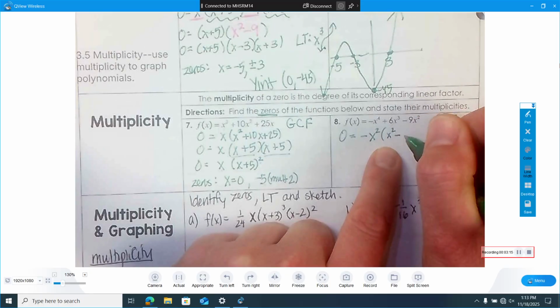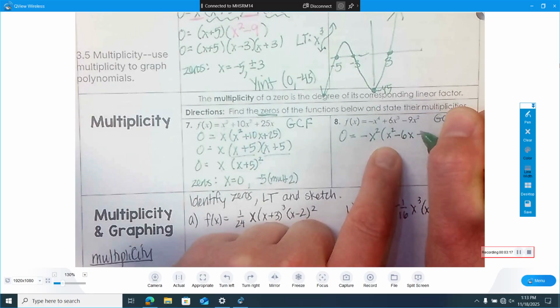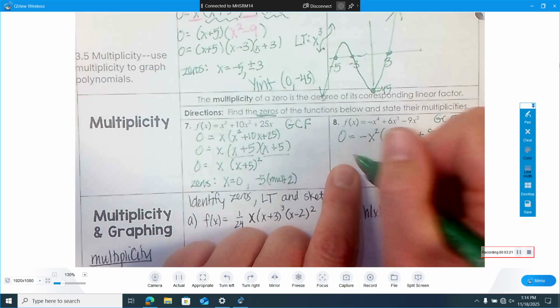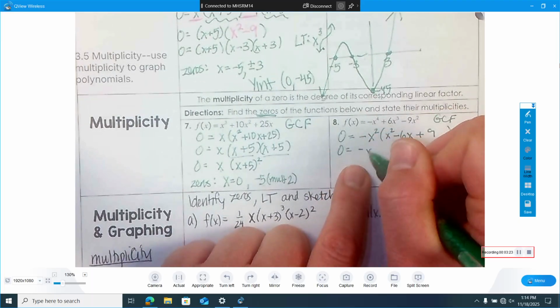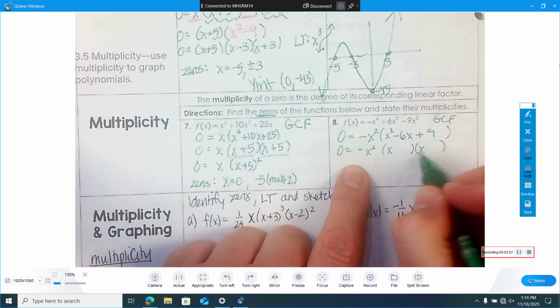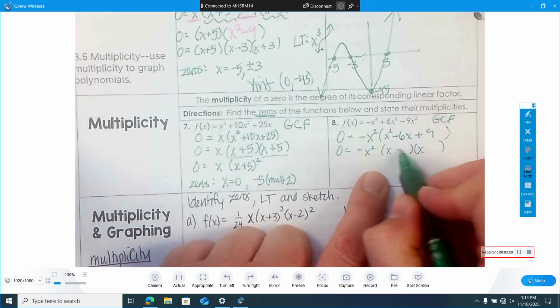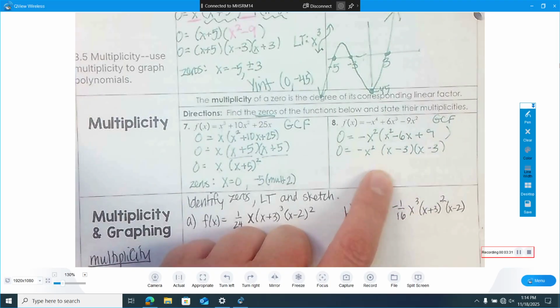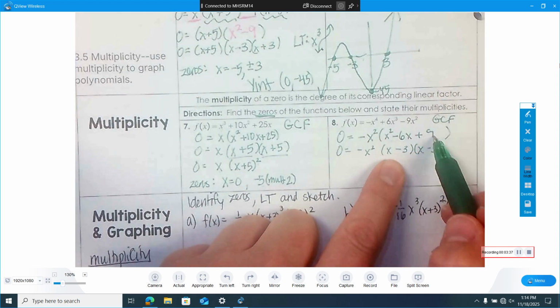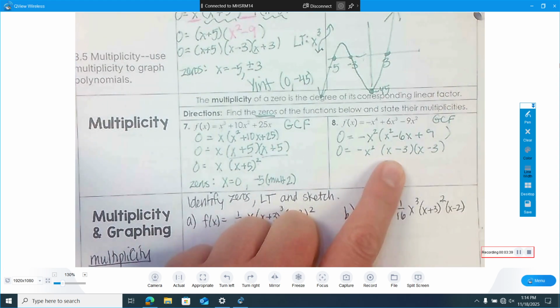So minus 6x plus 9. Very good. All right, and then that trinomial, we can double bubble. So I have negative x squared, and I'm going to double bubble. Yeah, x times x is x squared, and then -3 and -3 is how that gets the 9 when we multiply and the -6 when we combine them.